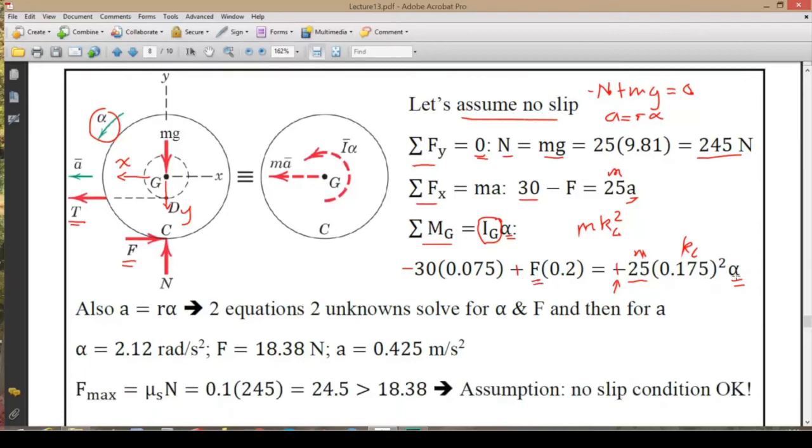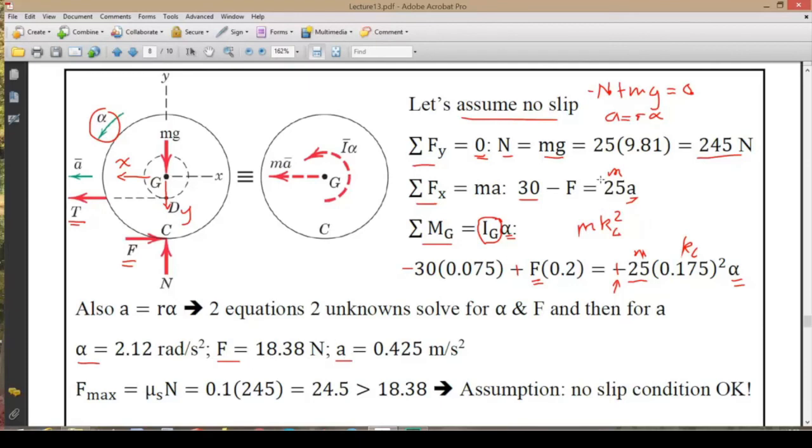Okay. Then, as a result of this, we have one unknown here. The second unknown, alpha, is related to A, the linear acceleration, and then F is the common unknown. We have two equations, two unknowns. Therefore, I can solve for alpha, F, and A, and then comes the point where we check if our assumption holds or not. How do we check that?